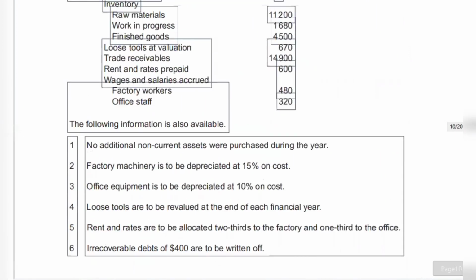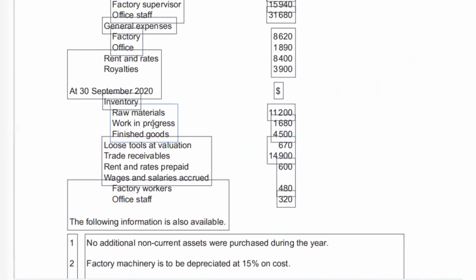We have opening raw materials, purchases of raw materials, and closing raw materials. We have closing raw materials of 11,200.